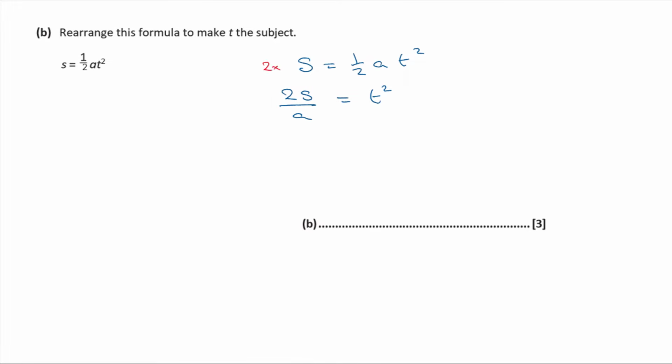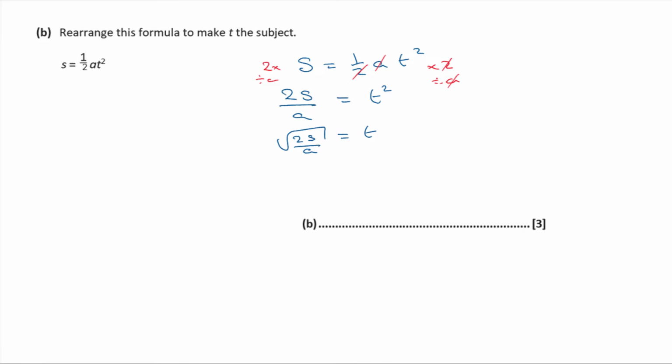So times 2, that will cancel with that. And then divide by a, it will cancel there. And it's going to leave me with 2s over a on the left, isn't it? Okay, and then taking roots of both sides, t is equal to the root of 2s over a.